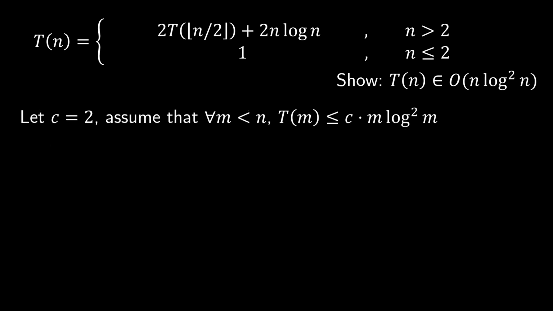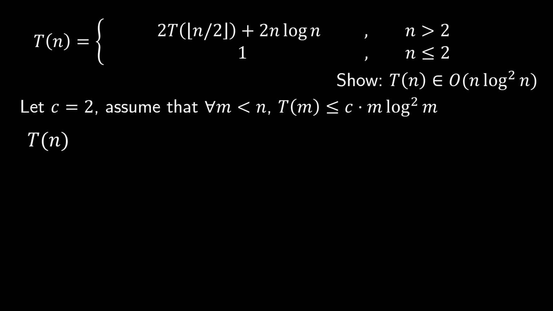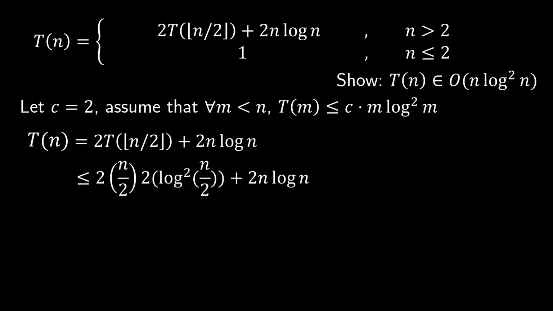Okay, so how does this work? Well, T(n), again, by definition, is 2T(n over 2) plus n log n. Right, and then that's by definition. Again, replace it with our assumption. Our assumption here was that we can replace this by n over 2 times 2. That 2 here is the multiplier, that's the C, times log squared n over 2, right?